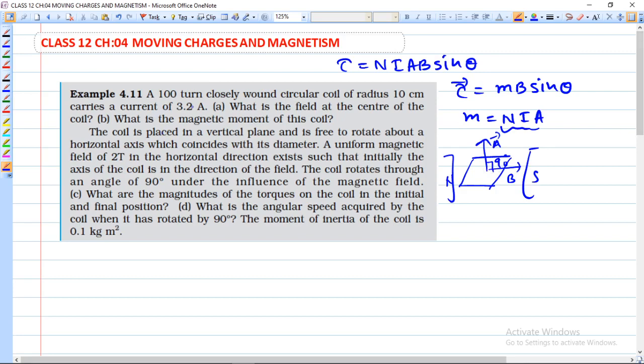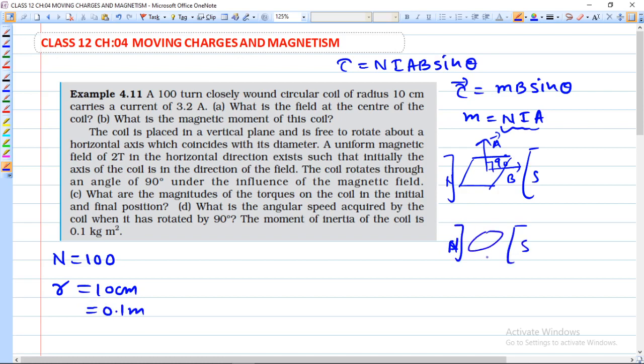Today we will solve examples. A 100-turn closely wound circular coil. So what is the number of turns? 100. Of radius 10 centimeter. So here a circular coil is given. Here this is a north pole, this is a south pole, and a circular coil is there.